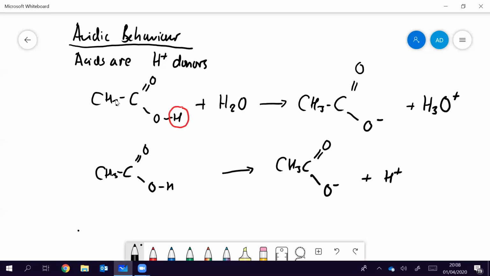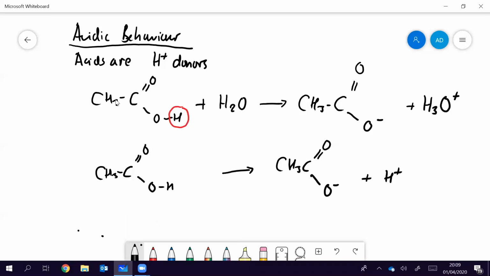But it is important to realize that they give the H plus to something else. They give it to the water. So you can see the water here is behaving as a base because it accepts an H plus, becomes that.